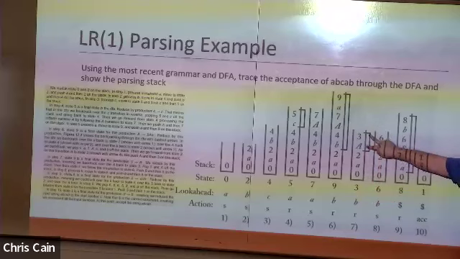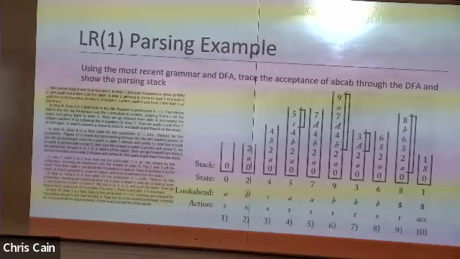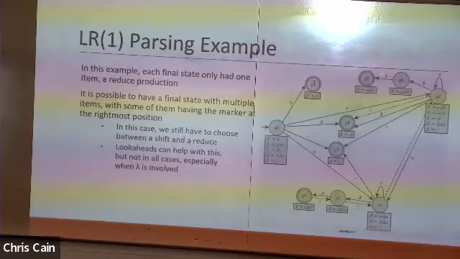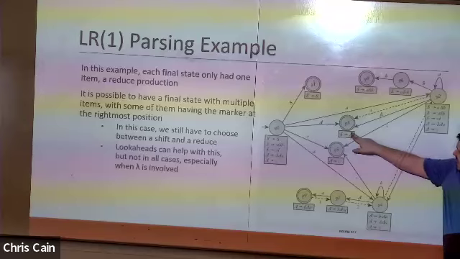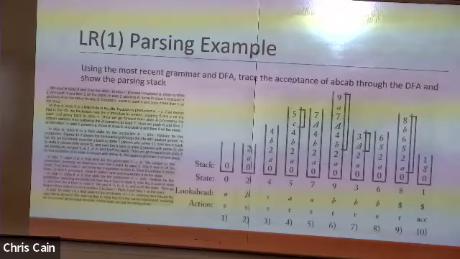We can then reduce that, because if we look at the DFA, that's a final state. So we're able to move past the A, so we go backwards through the A to the S. That gets us to Q6. So we see here, S and 6 have been pushed.